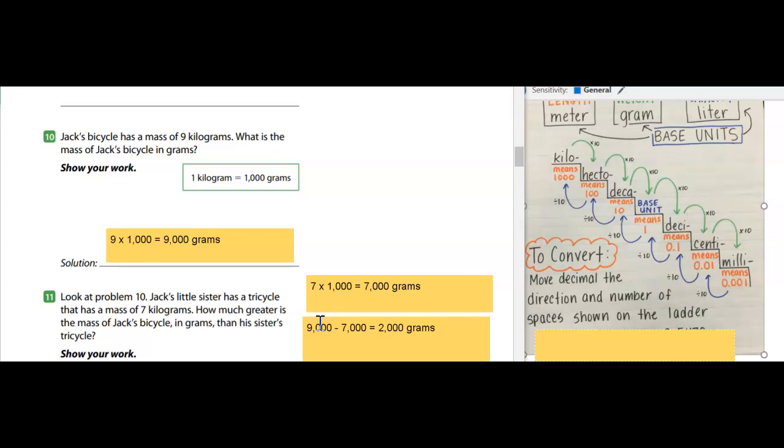So let's write that out in a complete sentence. Our answer would say Jack's bicycle is 2,000 grams greater than his sister's tricycle. Again, boys and girls, make sure you write down all your work in your packet and or a blank piece of paper.